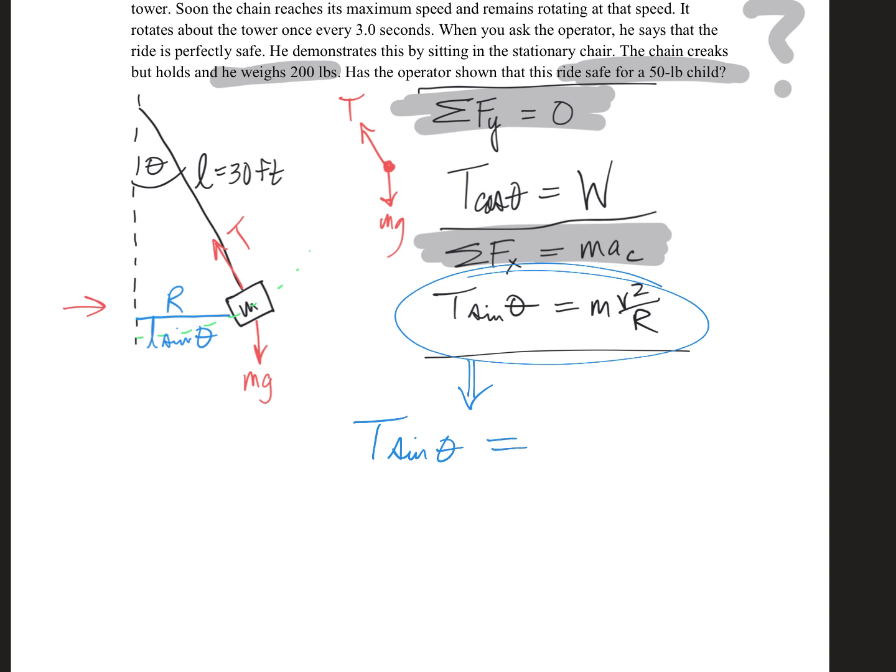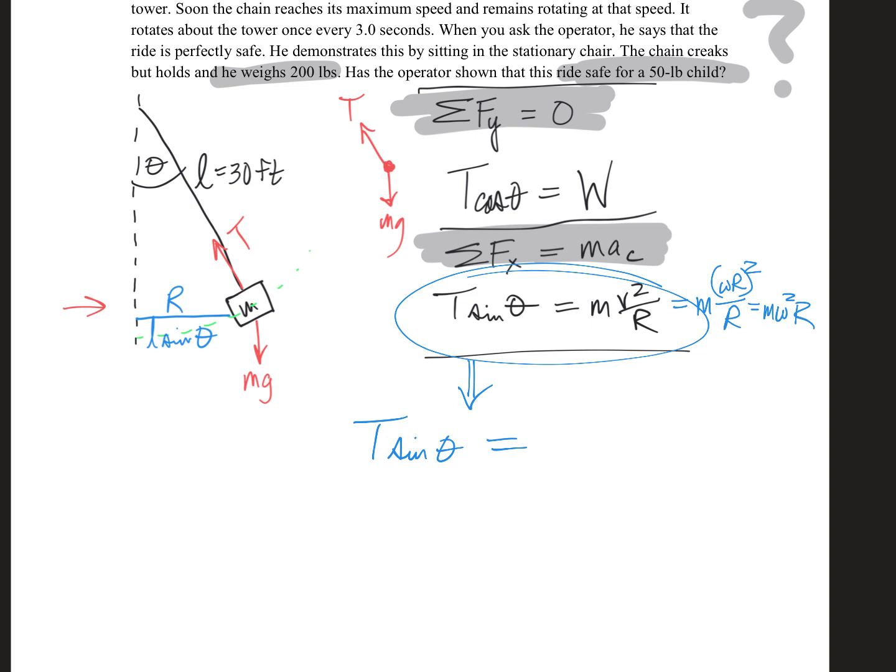Now, instead of using v squared, we know that v would be omega r, if you remember that equation. And so now I have m omega squared r, and that's in the textbook as well.